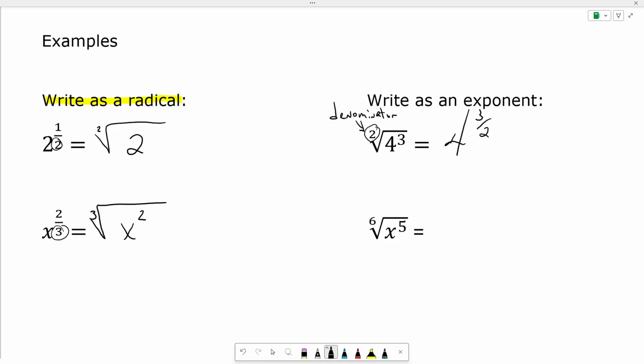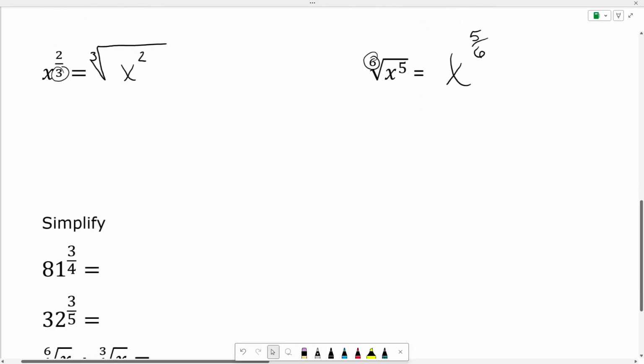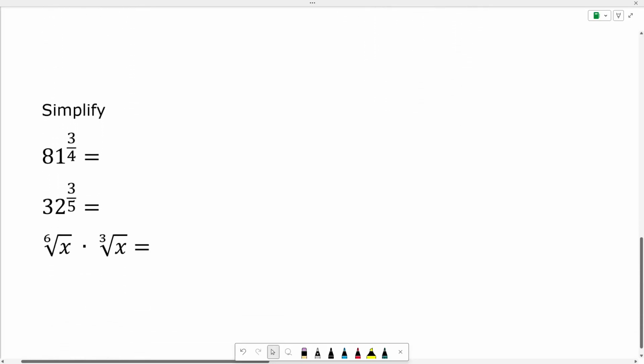For this example here, I have the 6th root. So I have x to the 5 over 6 power. Switching back and forth between exponents and radicals using our rational exponents.